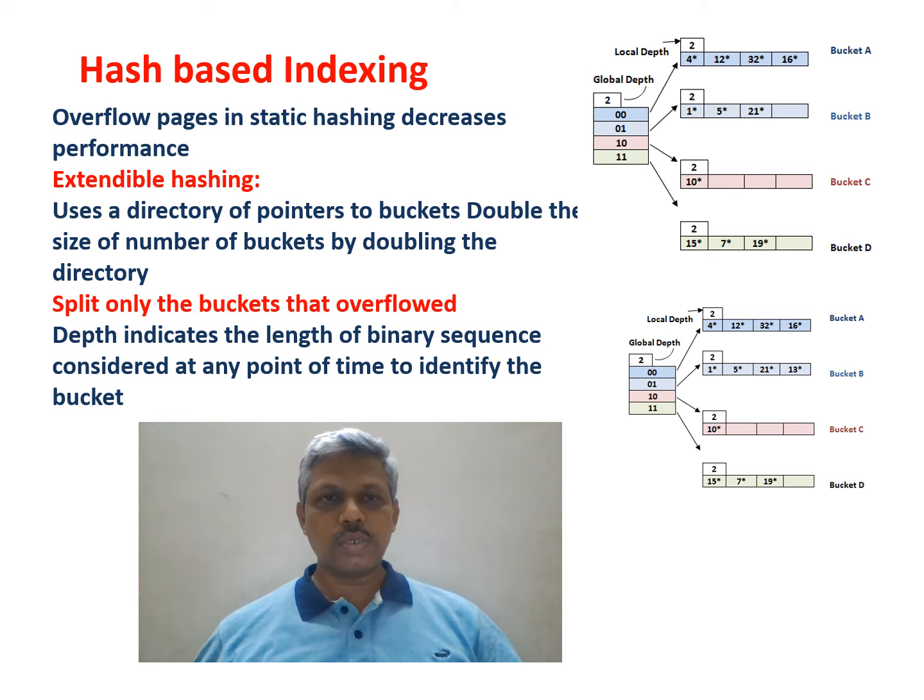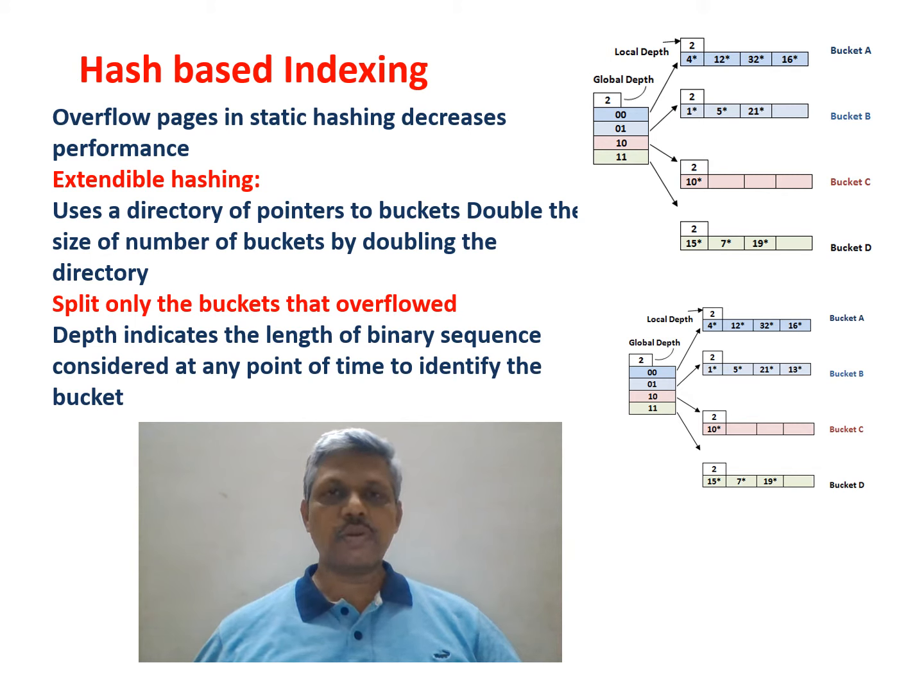Now there are 2 values here, local depth and global depth. The local depth indicates to what extent we should compute the string values. Here 2 indicates we are going to consider the last 2 digits of the binary string for a given input.